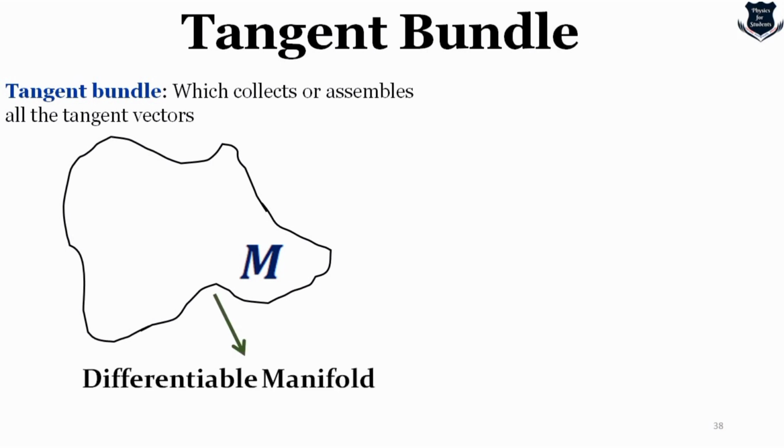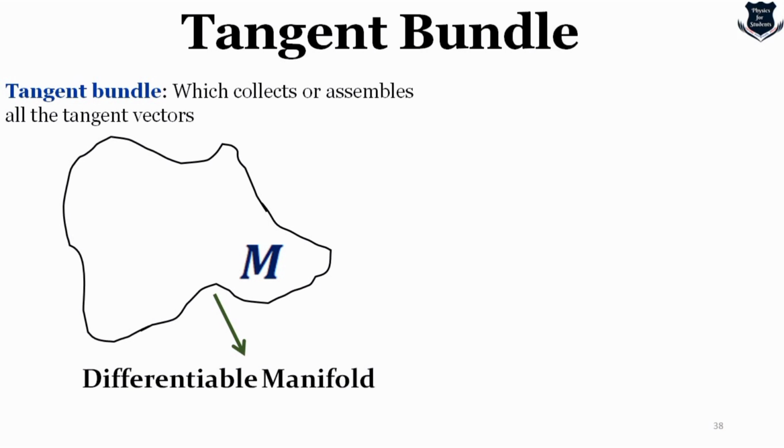Okay. The next important concept is the tangent bundle. Very simple. The tangent bundle is the collection of all tangent vectors along with the information of the point to which they are tangent. That means it is just a collection. For example, this being a manifold, say M, it is a differentiable manifold. What do I mean by differentiable manifold?